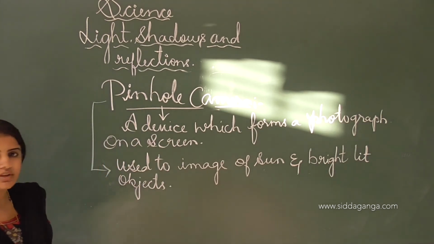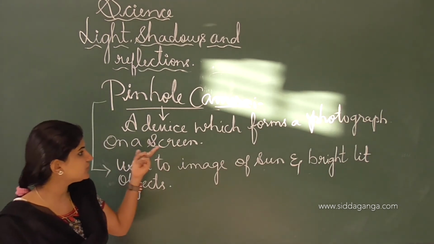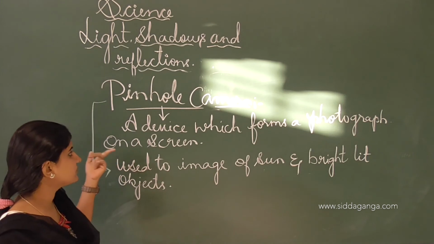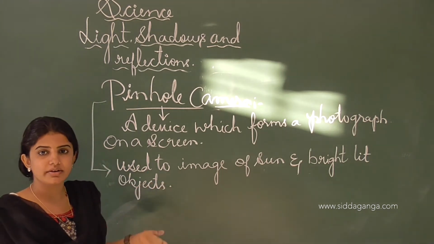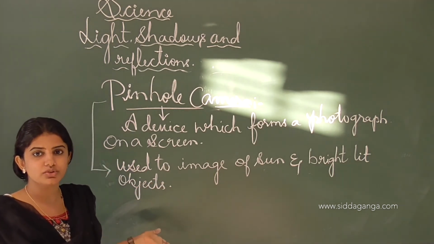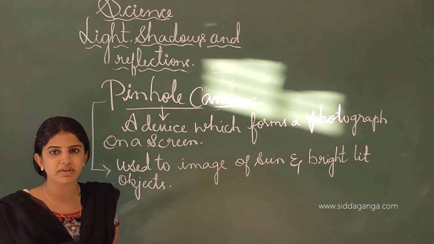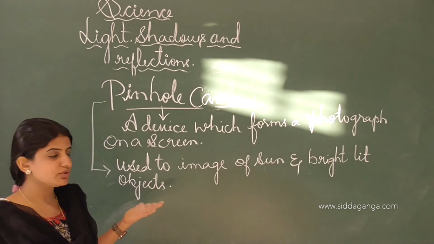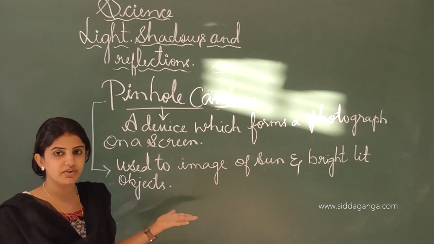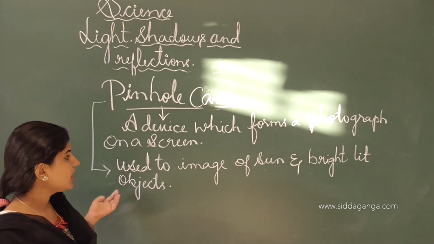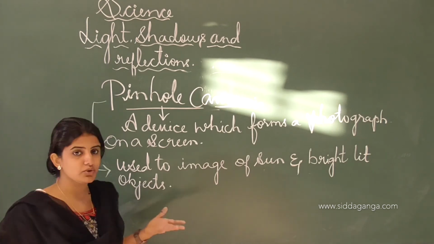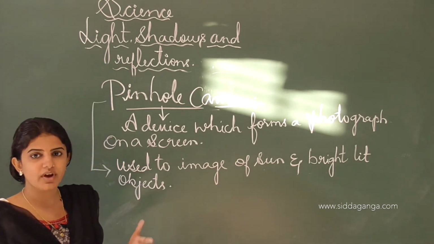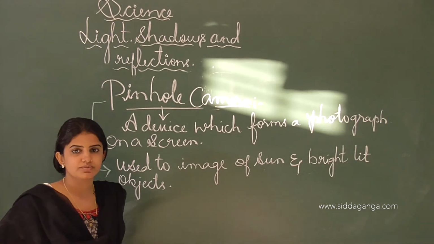A device which forms a photograph on a screen is called a pinhole camera. It can be made using simple materials, and it can be used to see the image of the sun and bright lit objects.